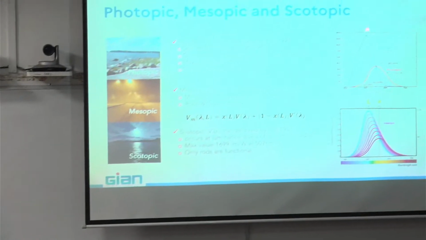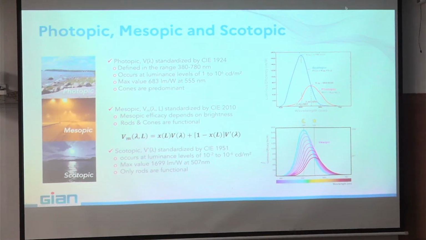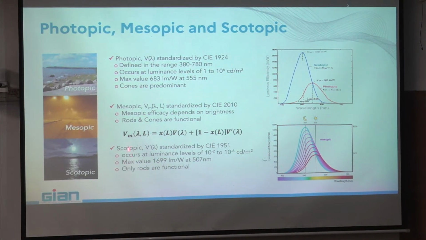Once again, it is a speculation. And when you are between that and that, then you have both cones and rods operating. Then we have what we call the mesopic vision, and you see here how we can calculate the standardized V of lambda curve using those two and the brightness level that is around you.